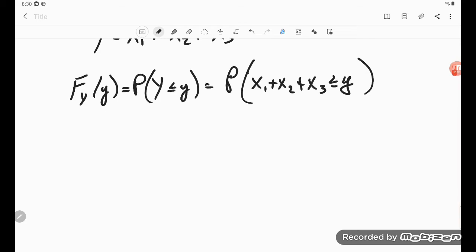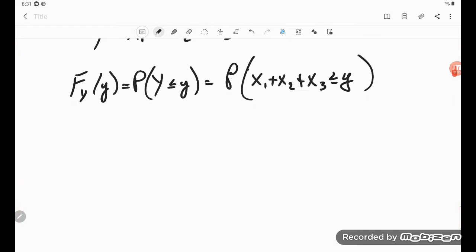Well, this is not so obvious to draw, really, but it works the same way as what we had with the x1 plus x2 is less than or equal to y.